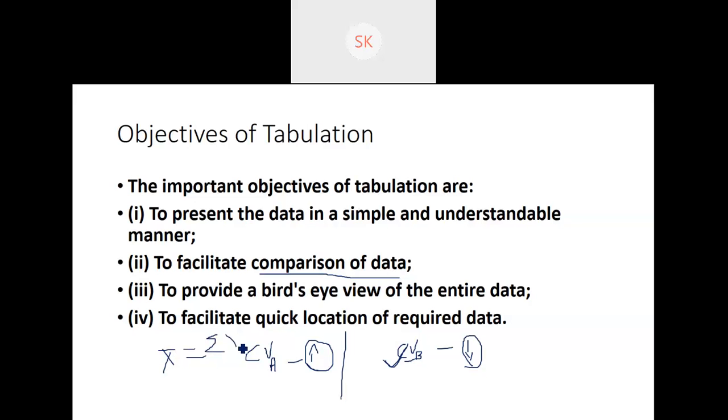Let's say sigma x for individual data, or sigma fx by n with frequency. I will immediately search for f into x, multiply, divide by n, and quickly get the answer for x bar. So I can easily locate any data when I tabulate the data. So these are a few of the objectives of tabulation.